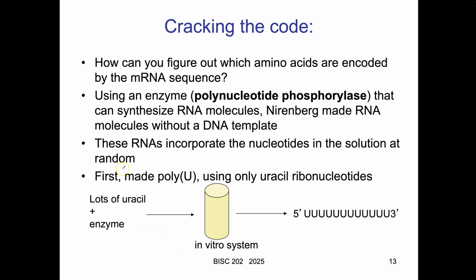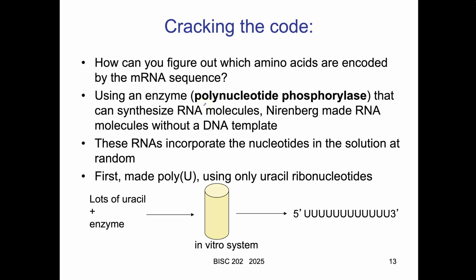Okay, so now they knew that the code was non-overlapping and that it was a 3 nucleotide code. And so then the idea was, if we read a particular 3 nucleotides, what amino acid does that correspond to? And does it always correspond to the same one? Because if it doesn't, it's going to be really hard to figure out. Nirenberg is one of the first people that worked on this in his lab.